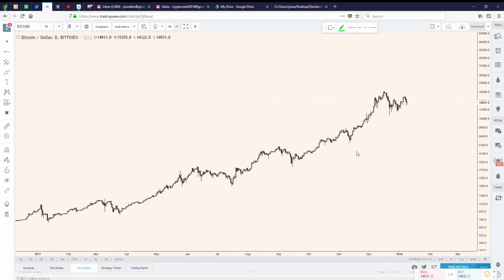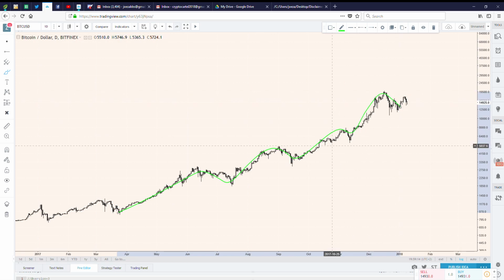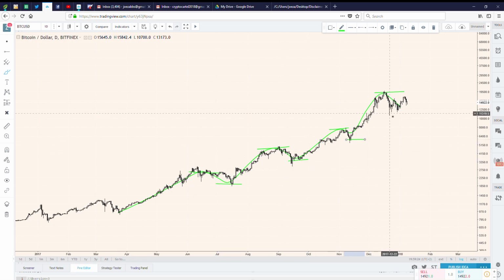A bull market, like discussed in the first video, is represented something like this, where you've got highs, and each high is higher than the previous high, and you've got lows where each low is higher than the previous low. That goes without any explaining to figure out how the market's trending.